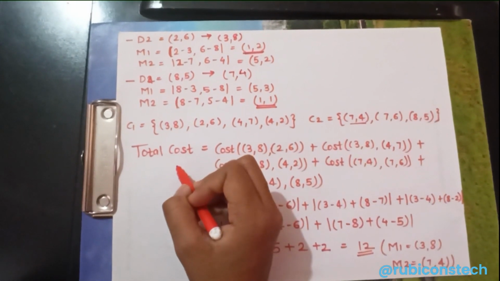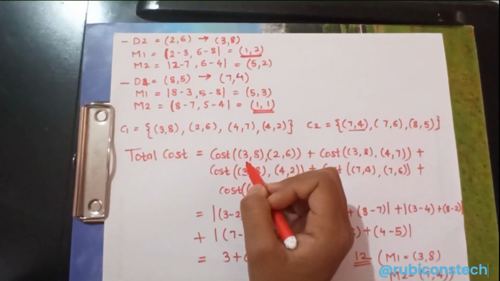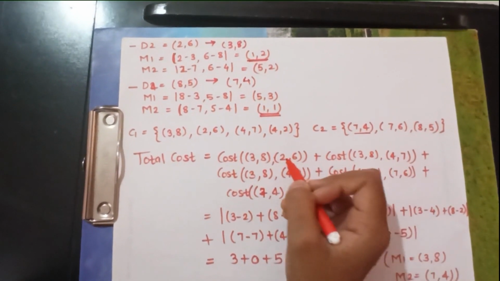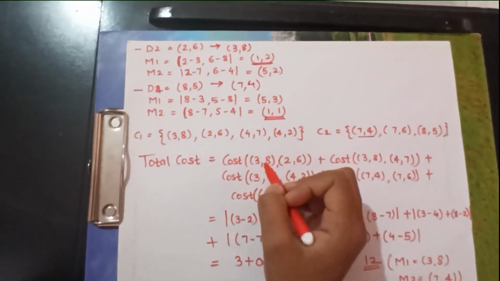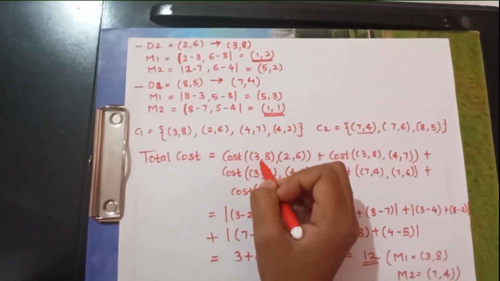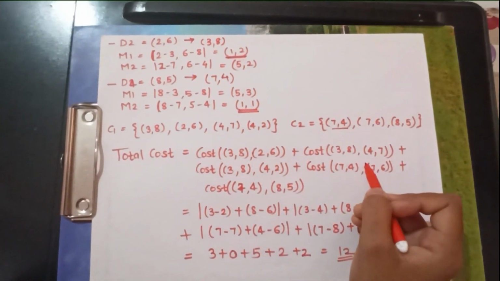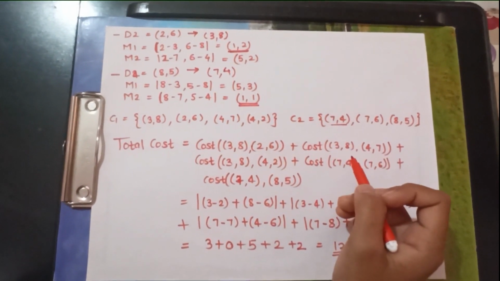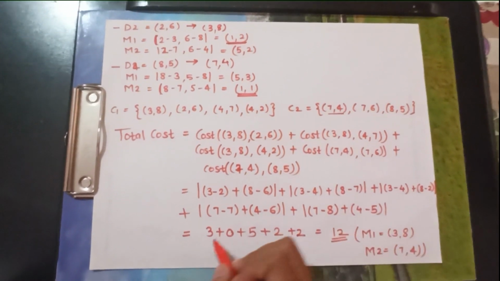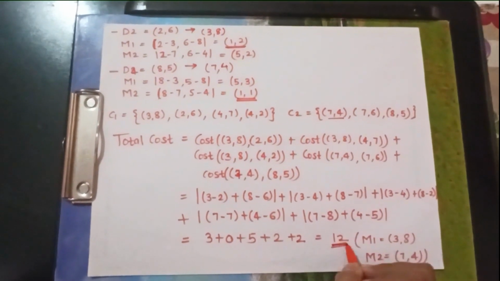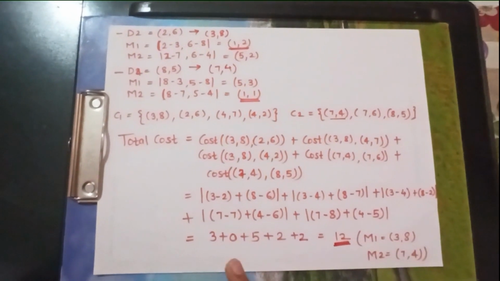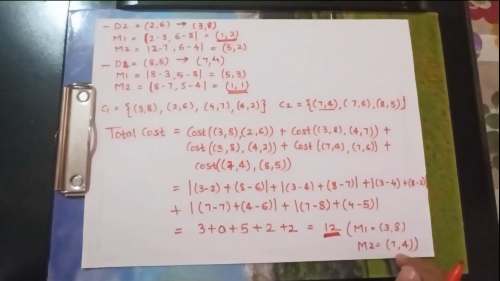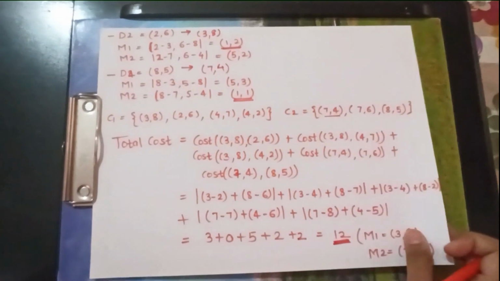Again we will calculate the total cost as the sum of the distances from the non-selected points, like 2, 6, from the selected point, that is your medoid. We calculate the cost in the same way as in the previous steps. So here we get the total cost as 12, when you have the medoids as 3, 8 and 7, 4.